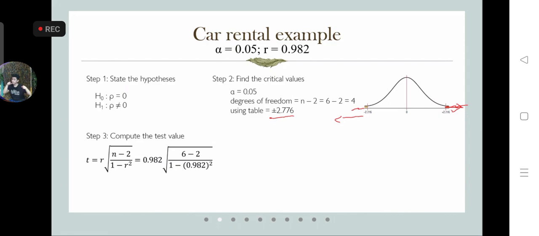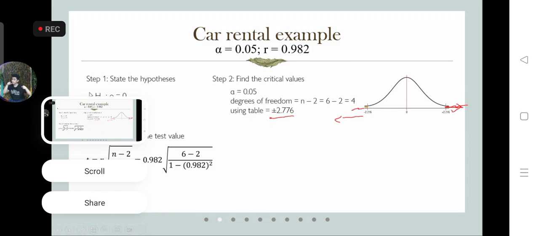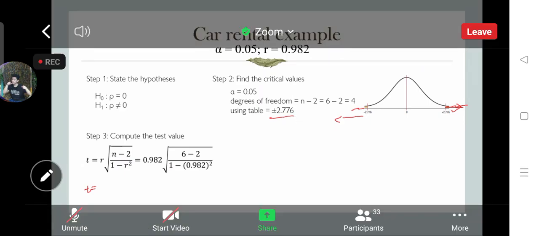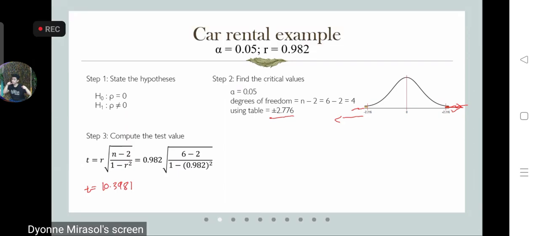Plugging in our values for R and N, 0.982 times the square root of 6 minus 2 over 1 minus 0.982 squared. So our value for T is 10.3981.